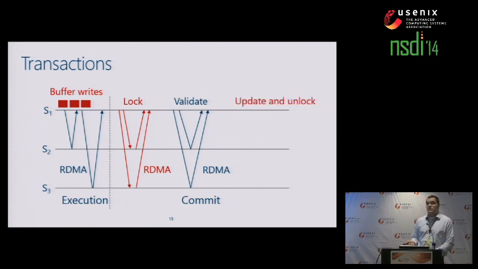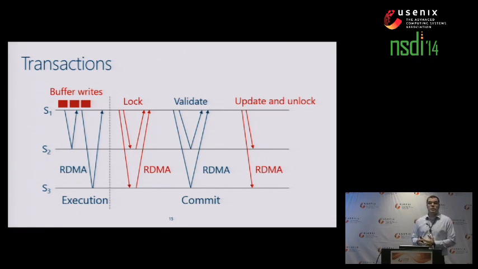If the validation succeeds, the transaction can commit and apply all the updates. We send one-way messages to update and unlock the objects, and we can do this because our network exposes in-order reliable transport.